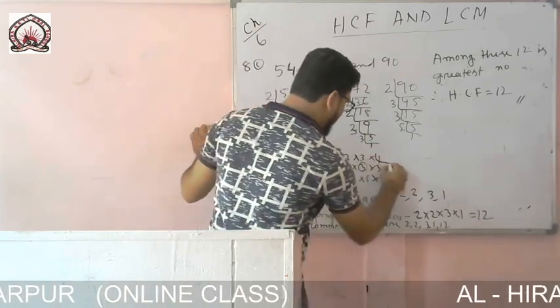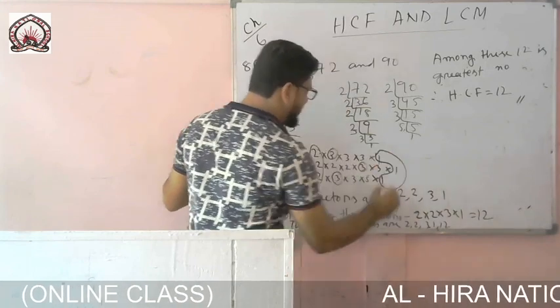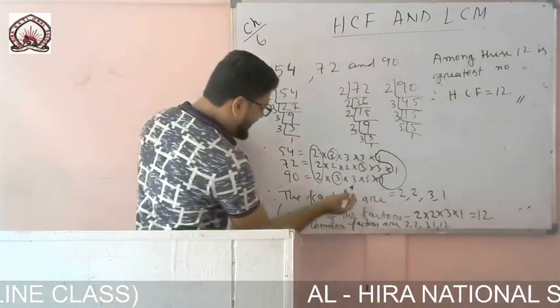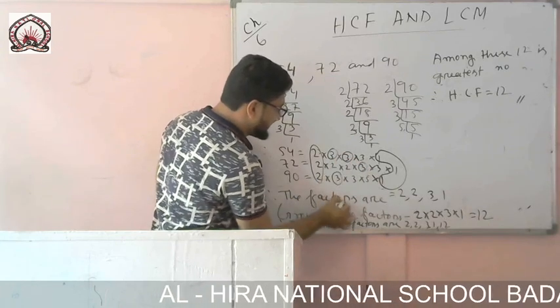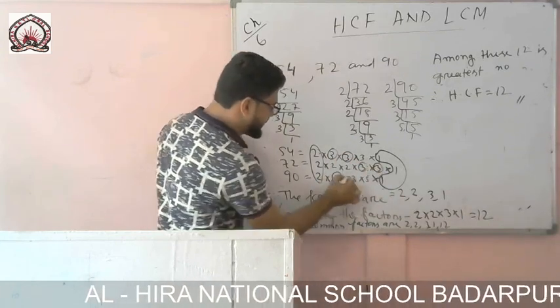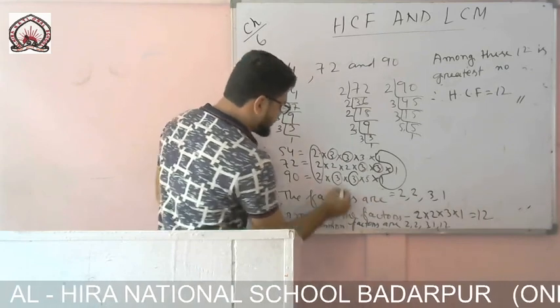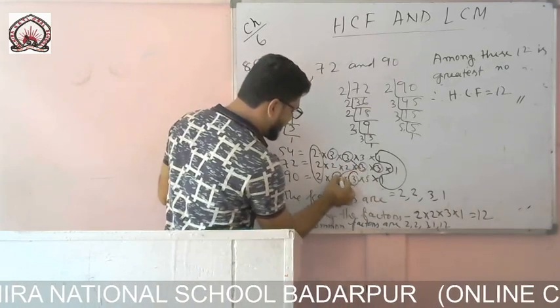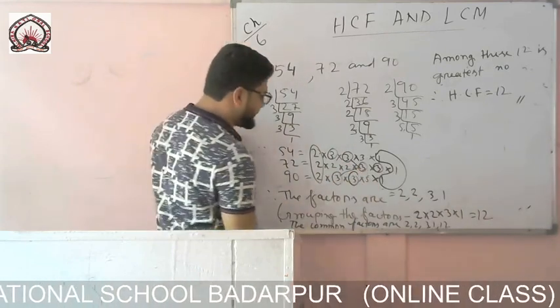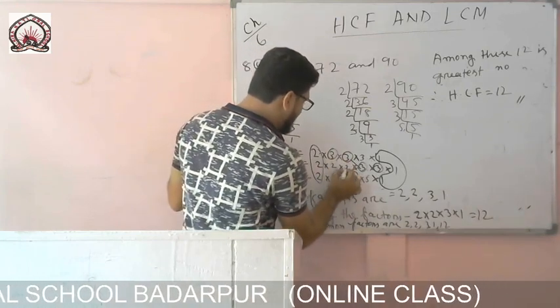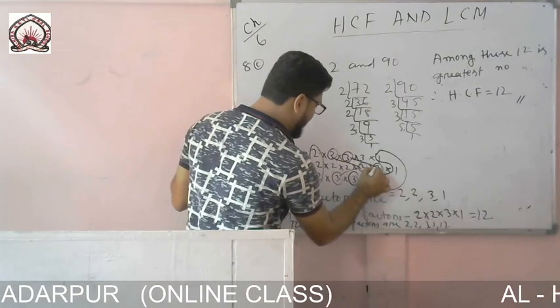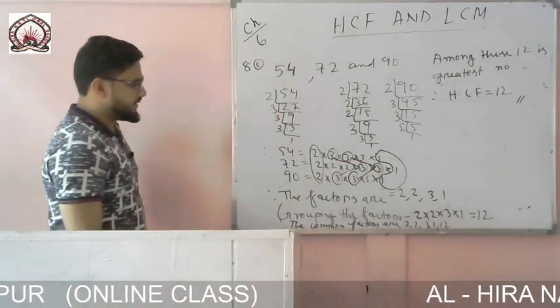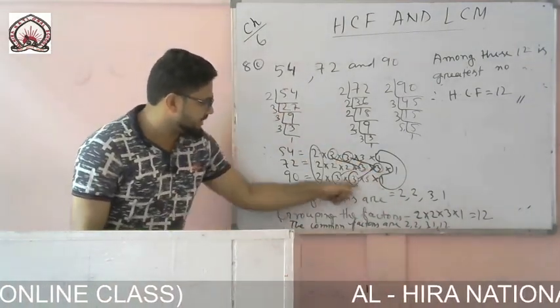From there you can take 1. Here also these 3 are available, this one also, this one also. So we can take these 3, and with that also we can match.